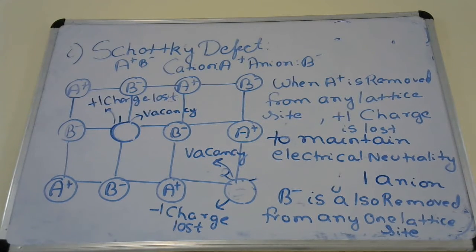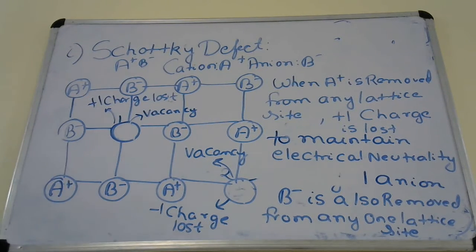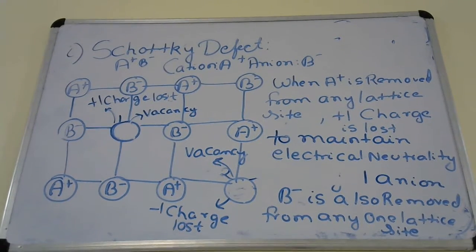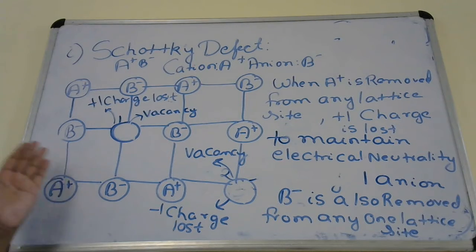So this is what is Schottky defect. Equal number of cations and anions are removed from their respective lattice sites. That is what is Schottky defect.